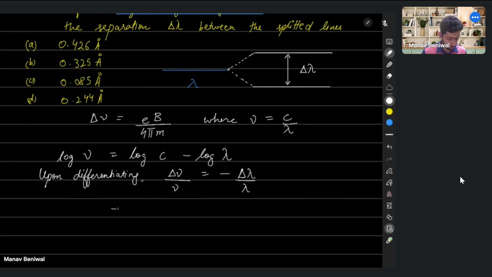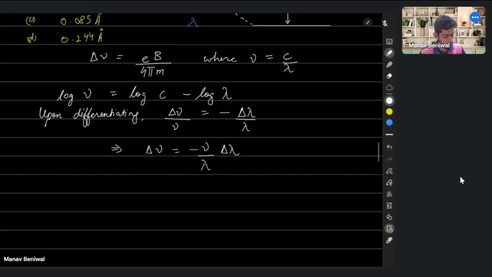This will become delta nu as minus nu by lambda delta lambda. Now we know that nu is c by lambda, so this becomes minus c over lambda squared delta lambda.